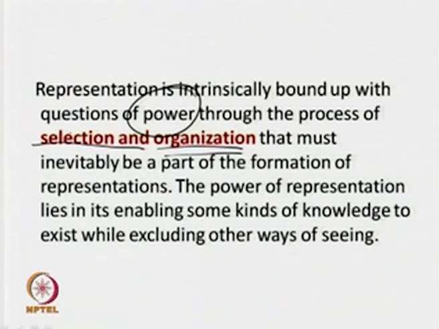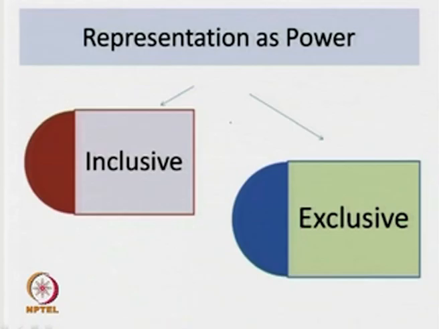There are questions of power which determine the selection and organization. Now, we read here, selection and organization that must inevitably be a part of the formation of representations. Therefore, as we see here, representation as power entails both inclusion and exclusion of aspects of things.